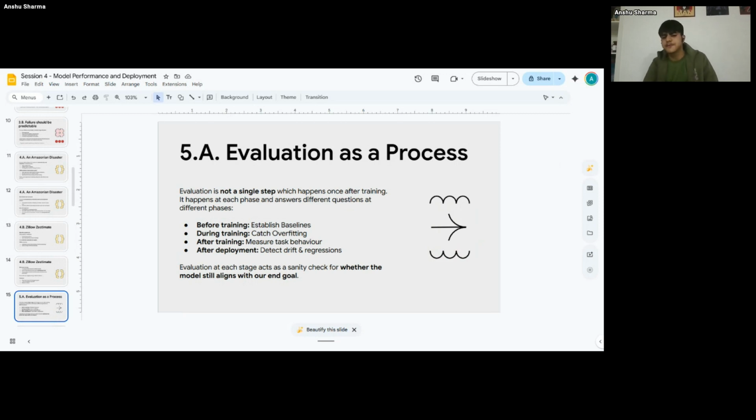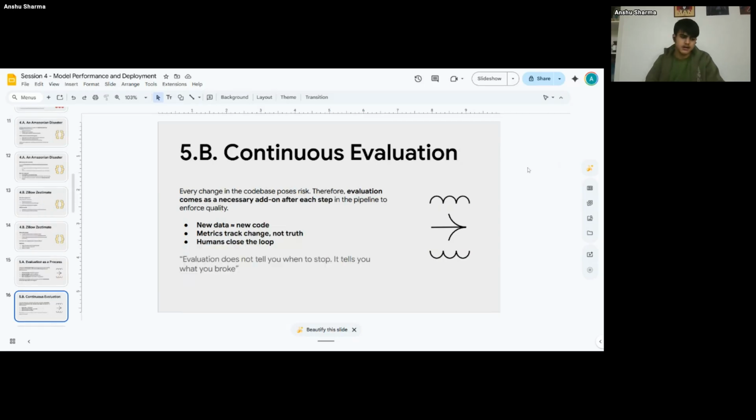Because a good system is a continuous process, not just one and done, right? After deployment as well, to detect drift and regressions and all of that, we need to continue our evaluation process, right? Evaluation at each stage acts as a sanity check for whether the model still aligns with our end goal. So that's the bottom line here.